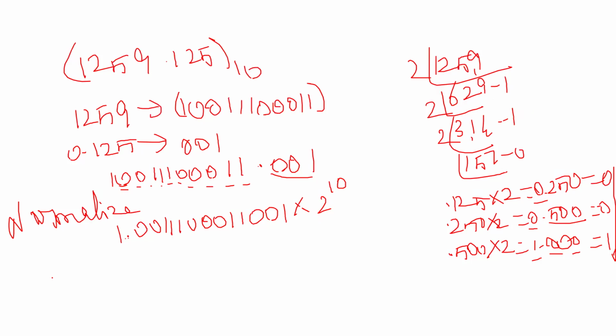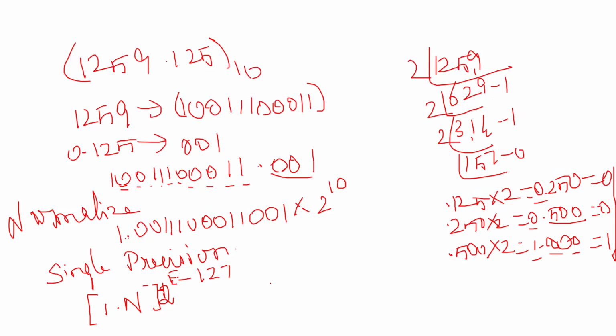Now first, single precision. This is called single precision. The formula is 1 point n into 2 power e minus 127, which equals 1.00111010110 01 into 2 power 10.